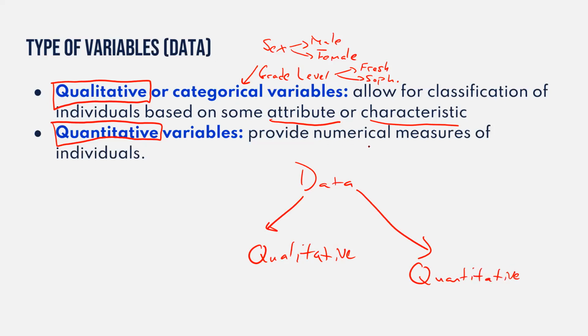Quantitative provides numerical measures of individuals. Numerical measures of individuals are things like how tall people are, an individual's height. It can also be things like the number of cups of coffee they drink per day.